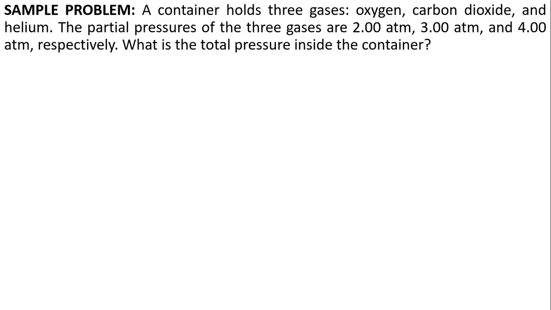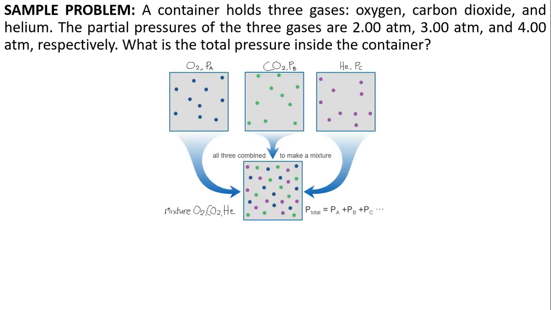A container holds three gases: oxygen, carbon dioxide, and helium. The partial pressures of the three gases are 2 atmospheres, 3 atmospheres, and 4 atmospheres, respectively. What is the total pressure inside the container? I have this diagram, so three containers containing each gas. The formula here is P total is equal to PA plus PB plus PC.